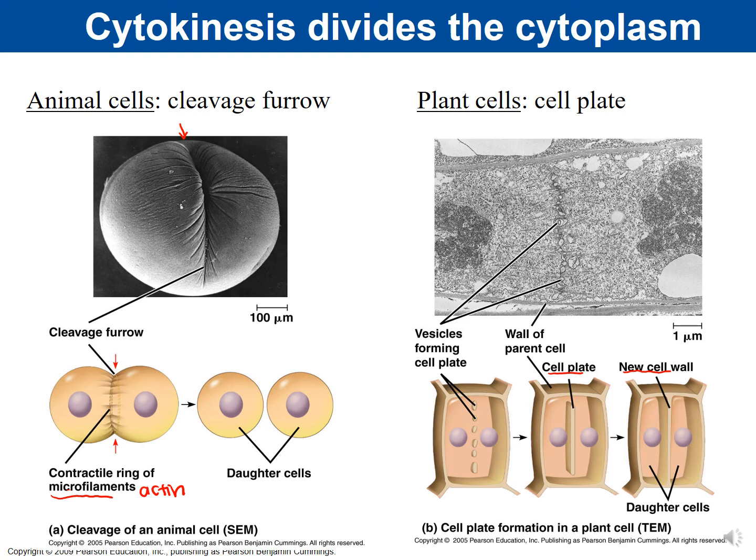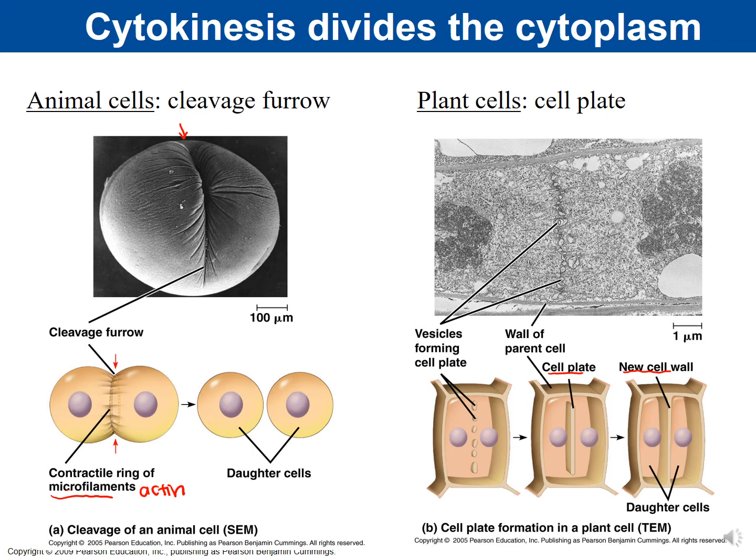Look back at our slides about the Elodea, for example, versus the human cheek cell. And there are some structures that you'll notice that plant cells have that animal cells do not. And if you think about it, it is along the same lines as to why they do cytokinesis differently. Plant cells have a cell wall. Animal cells do not. So there's another difference.